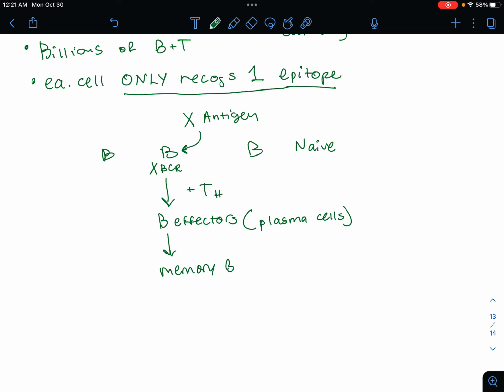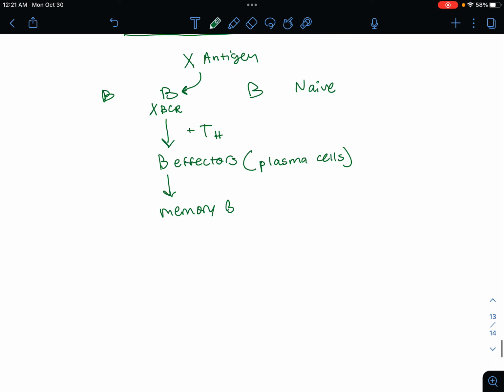None of these other naive B cells are going to proliferate because we only need the specific one for X antigen. And then the effector action, we're going to then have the antibodies that are specific to antigen X made after this.